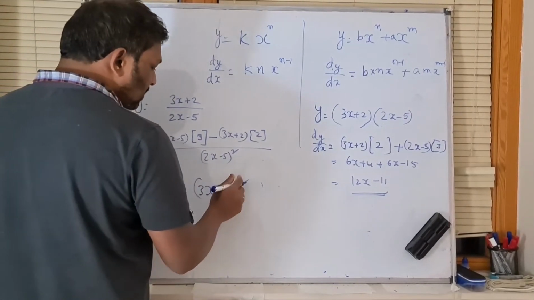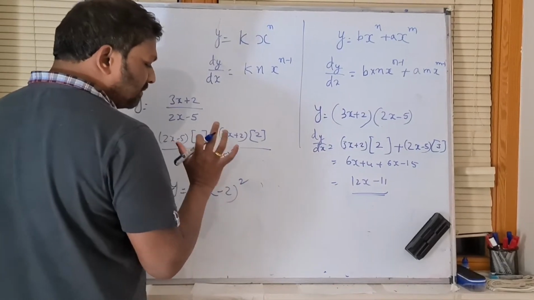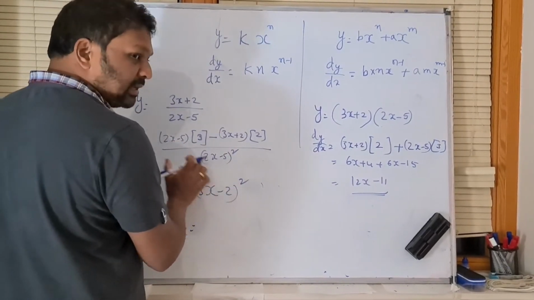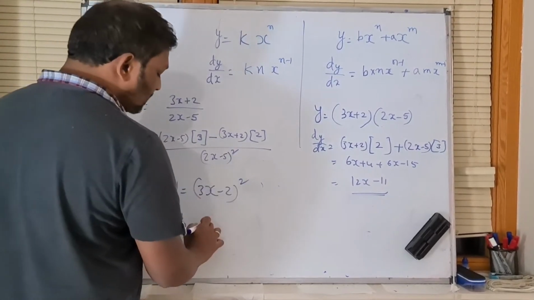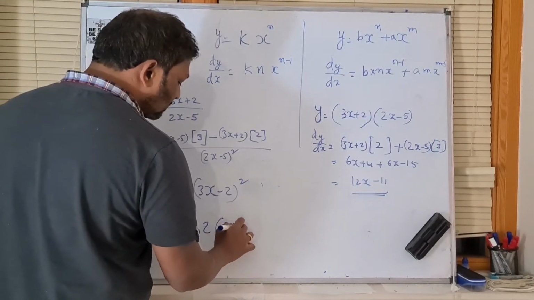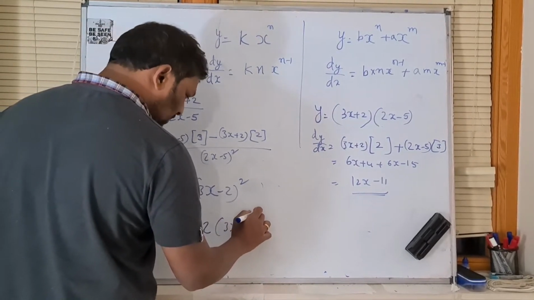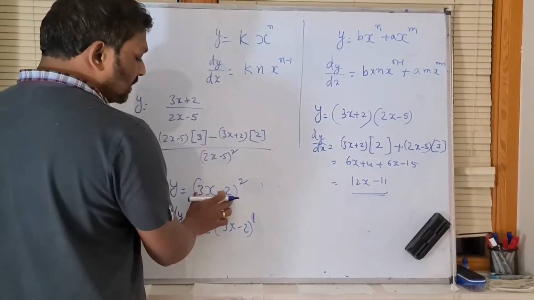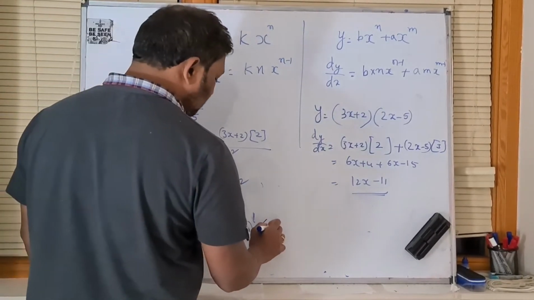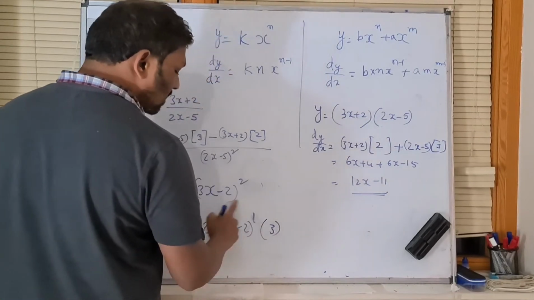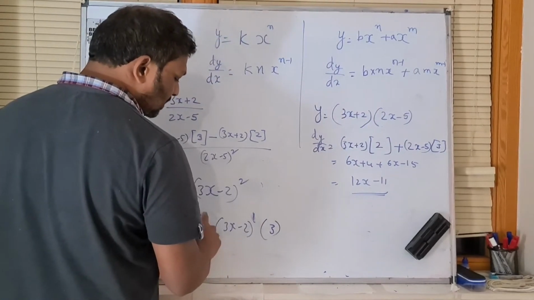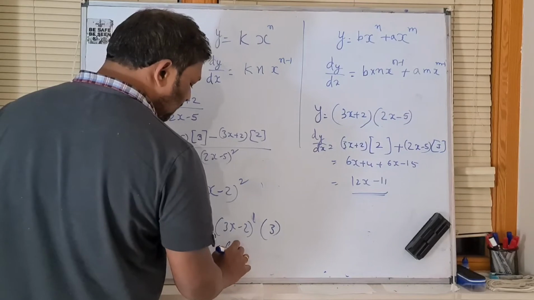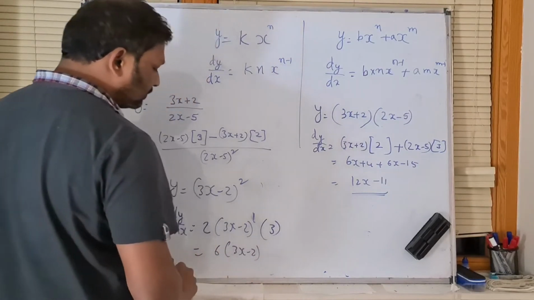So if you consider this whole thing as one variable, what is the differentiation? 2 times (3x minus 2) to the power 2 minus 1, that is 1. And then you do the differentiation of this part, which is 3. So you simplify this one: 6 times (3x minus 2).